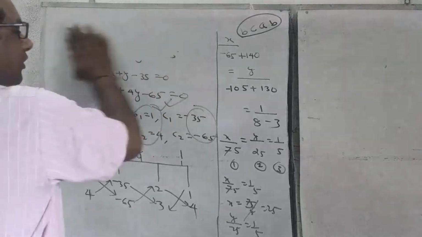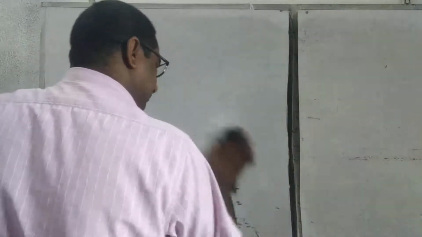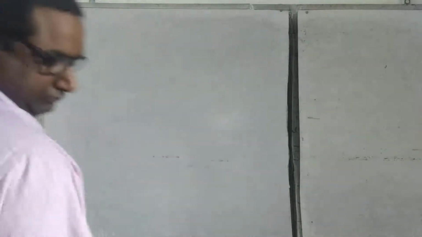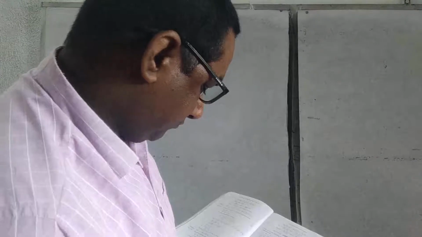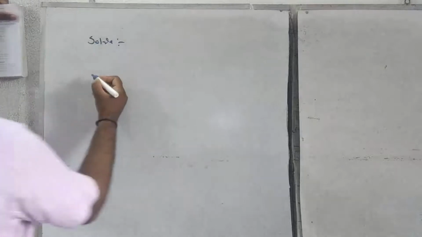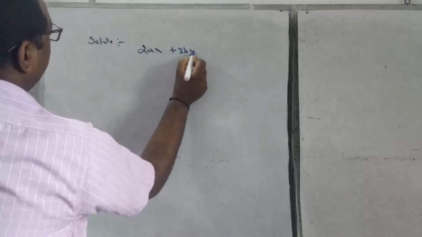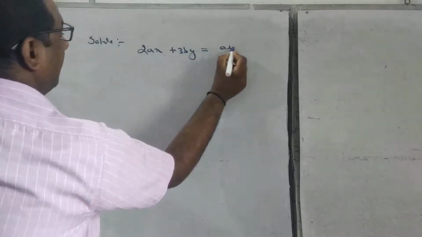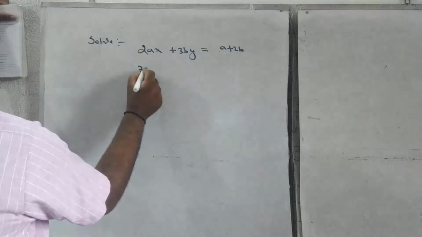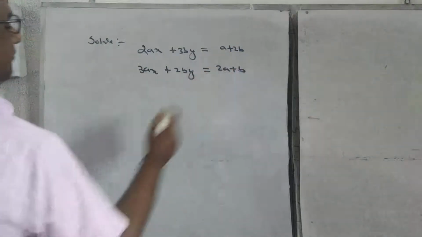Okay, I'm going to take another example. Solve by cross multiplication method: 2ax plus 3by is equal to a plus 2b, 3ax plus 2by is equal to 2a plus b.